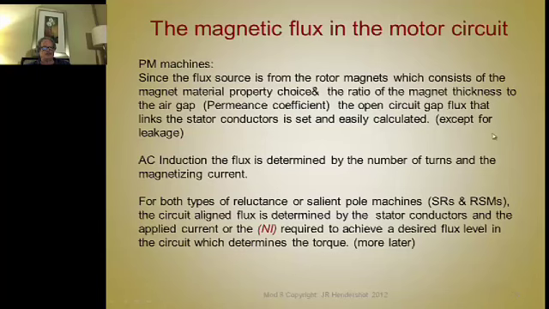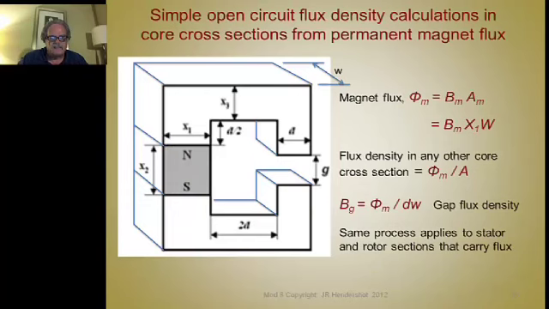That's very important, because what this all boils down to is that the principle of designing a machine is to determine how much flux you create in any of these machines, and then to get the right flux linkage you have to determine how much current times number of turns you need to get the flux linkage to create the torque you want. So it's basically the same for all machines.